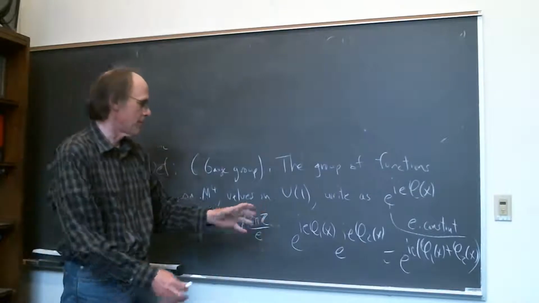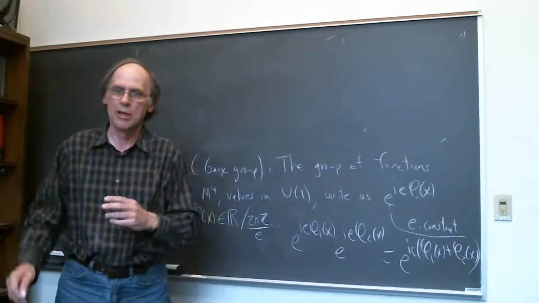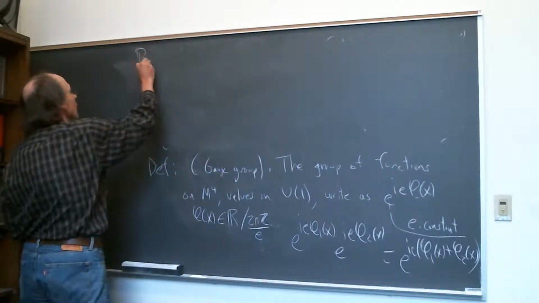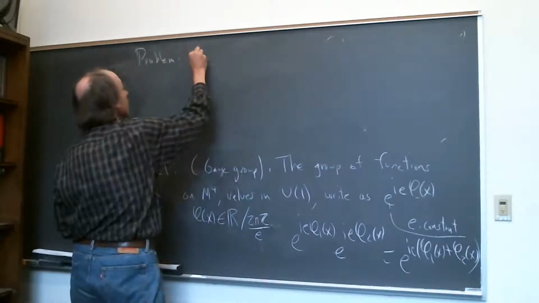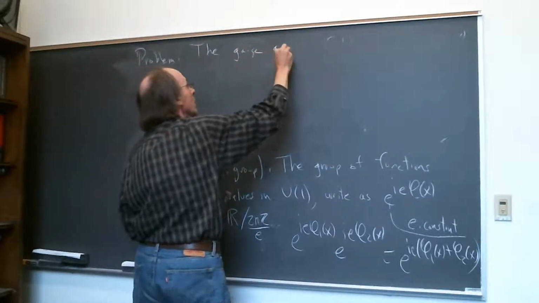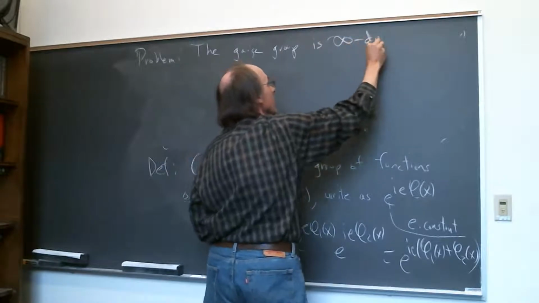This is a Lie group, so what are its representations? Let's start using representation theory. Well, the problem with this is that the gauge group is infinite dimensional.